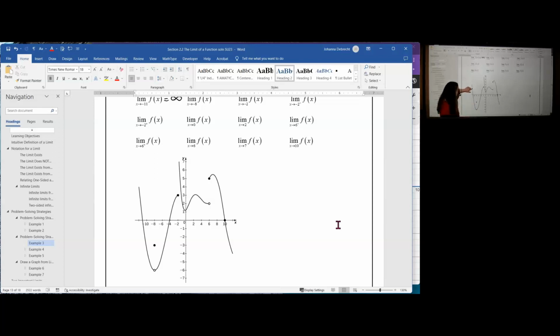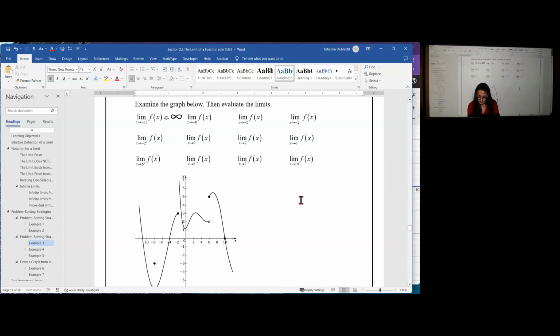But as we approach -8 from the left, it looks like it hits -6. And as we approach from the right, it looks like it hits -6. Both sides agree. That means the limit as we approach -8 equals -6.